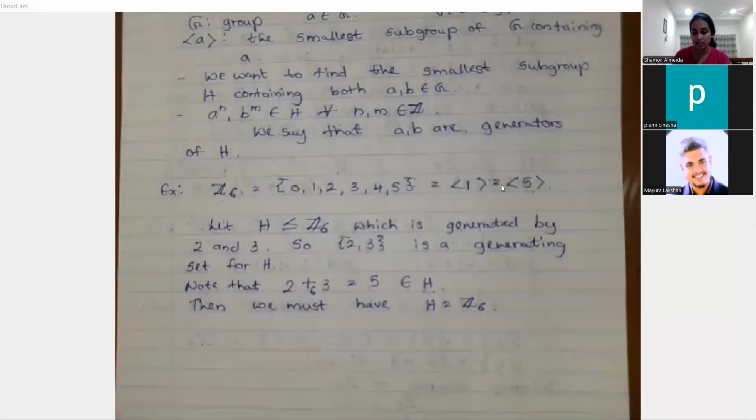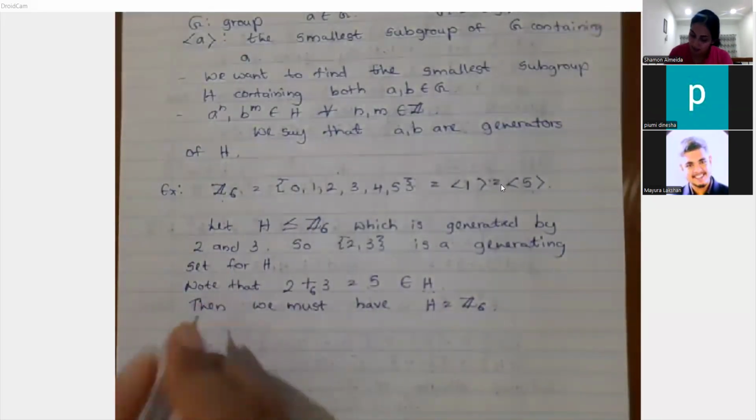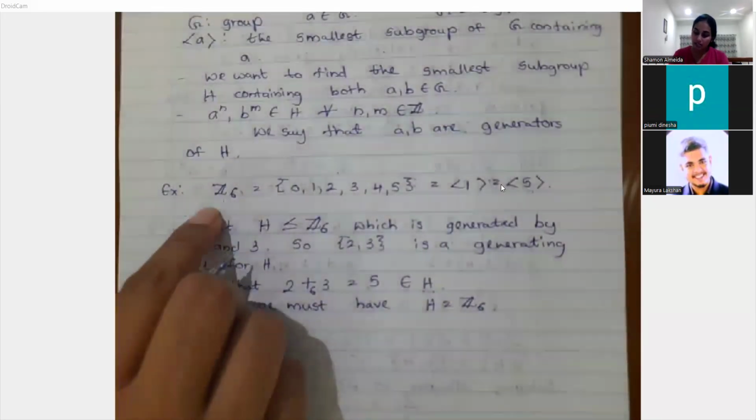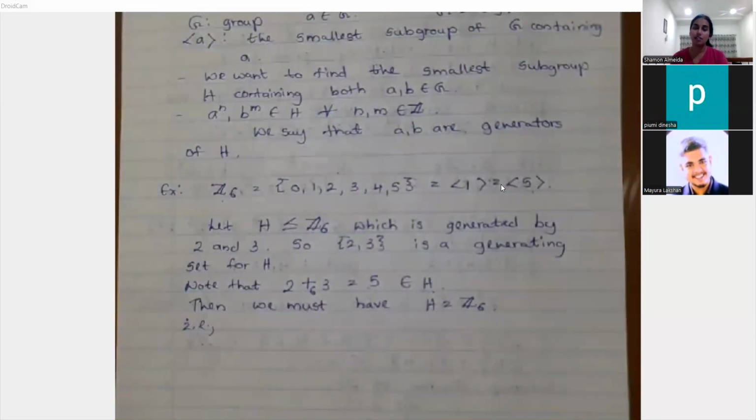Okay. Is it clear? So in other words, Z6 is actually generated by 2 and 3. So for the same group with just one generator, we have gotten another generating set. Z6 is generated by the two elements 2 and 3 as well.